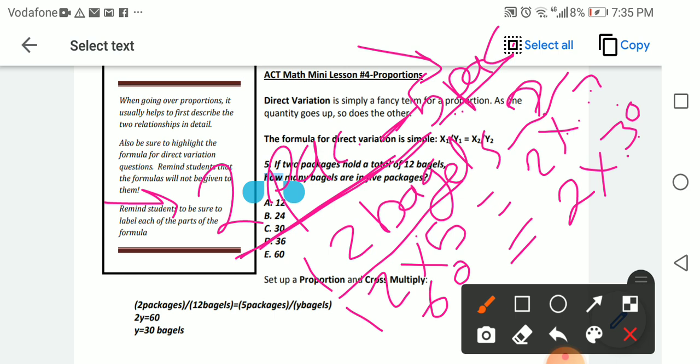Cross multiplication: 12 times 5 equals 2 times what? 12 times 5 is 60, and 60 equals 2 times 30. So the answer is 30.